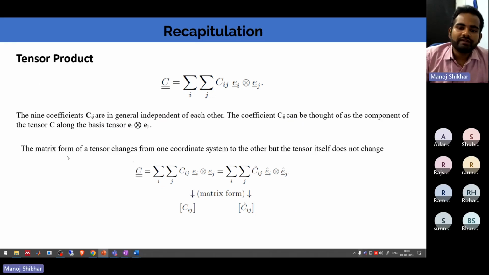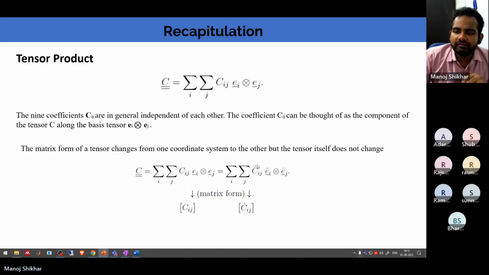Now, the matrix form of a tensor changes from coordinate system to coordinate system, but the tensor itself will not change. You can see that here Cij, Ei, Ej is written. In matrix form, these coefficients will have some value. For example, let us assume C11 has a value 2. In another coordinate system, suppose we rotate our coordinate system by 45 degrees or 60 degrees or whatever angle theta you want, Cij hat will have some value.